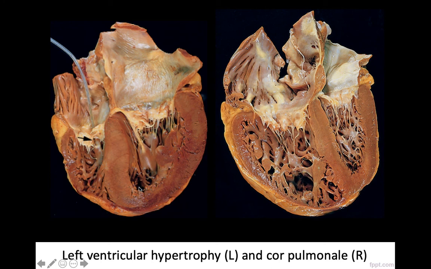So you can't get as much blood in that ventricle as you used to. So even though the heart is working harder at getting the blood into the circulation, you can't put as much blood into the circulation because the ventricle is so small, it won't fill with blood.